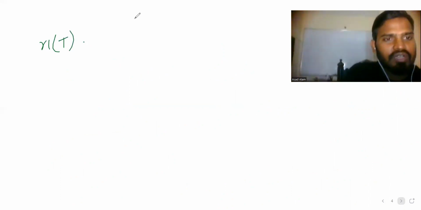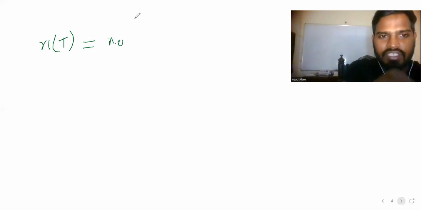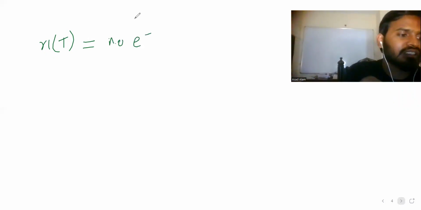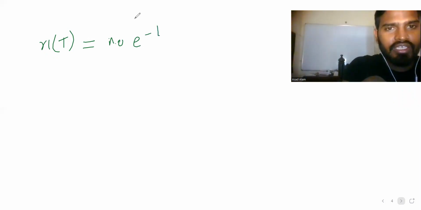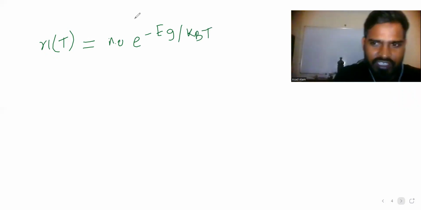So we can say that nT is equal to n naught e to the power minus Eg divided by kBT. Here Eg is the energy gap.